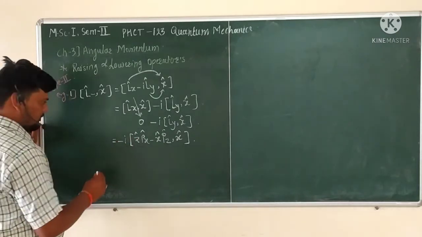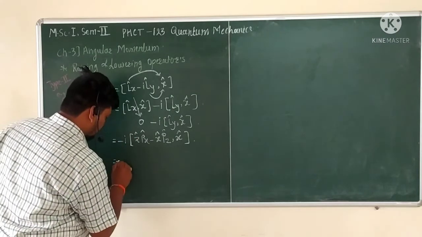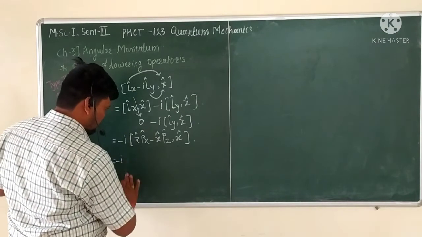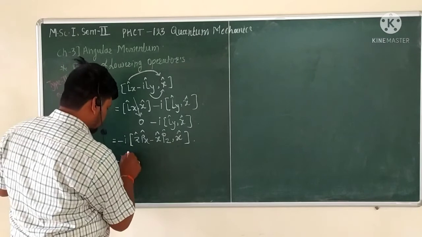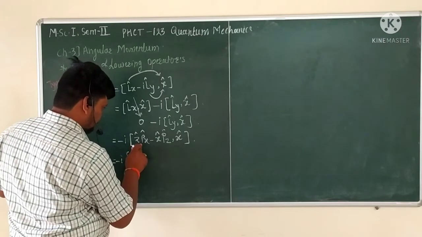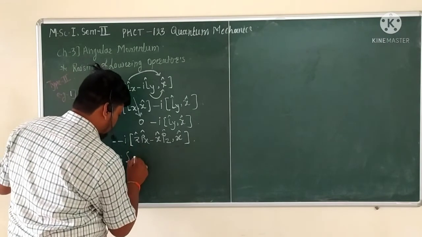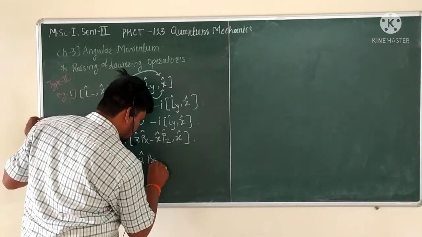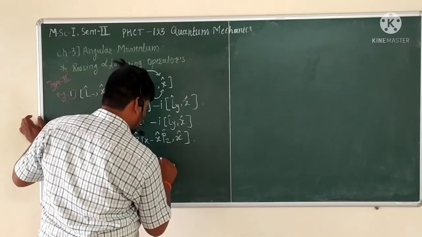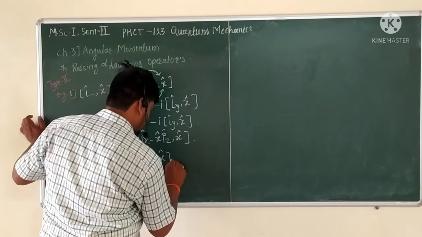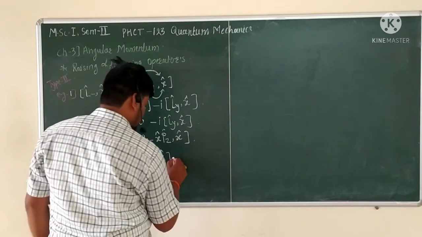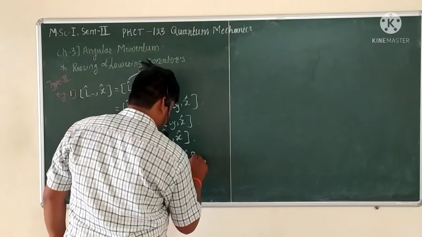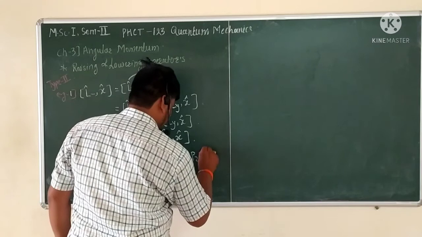If you solve this, it is minus I into the commutator: z cap of px comma x cap, and then, with the minus sign in between, x cap of pz comma x cap.